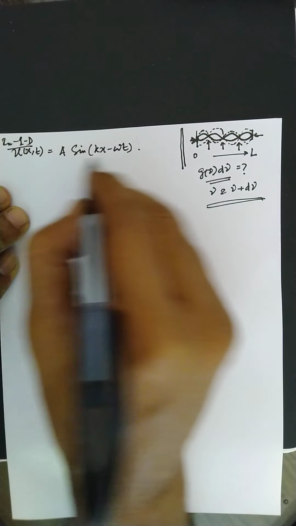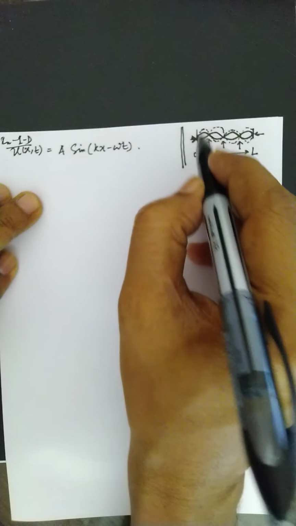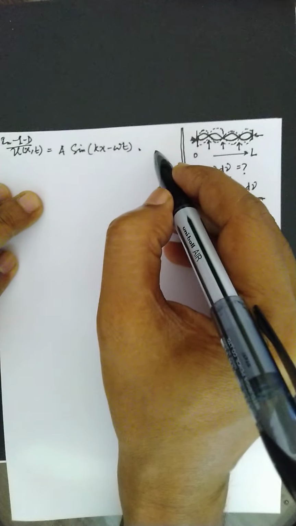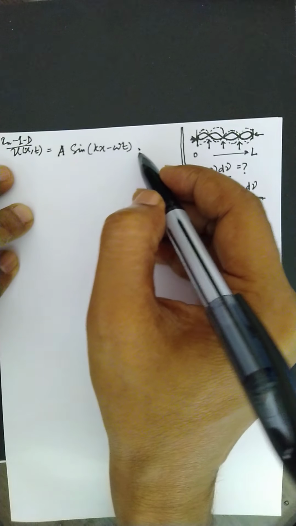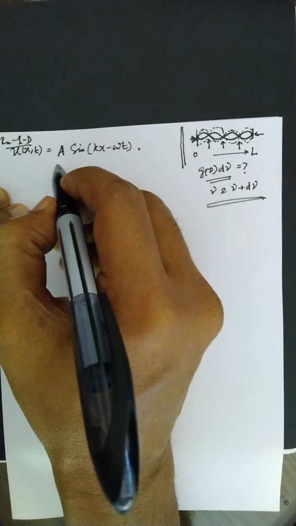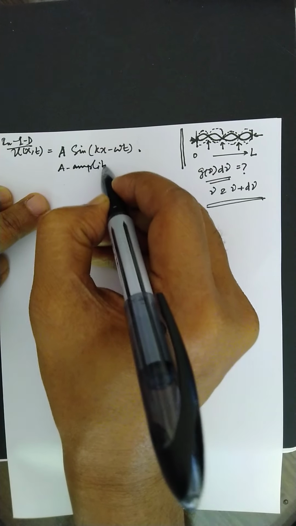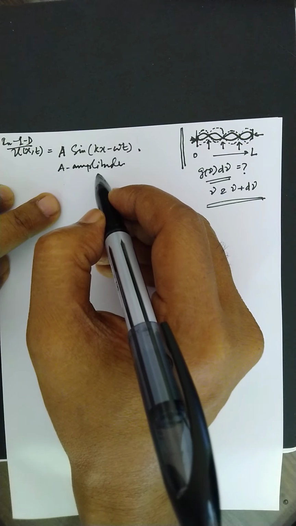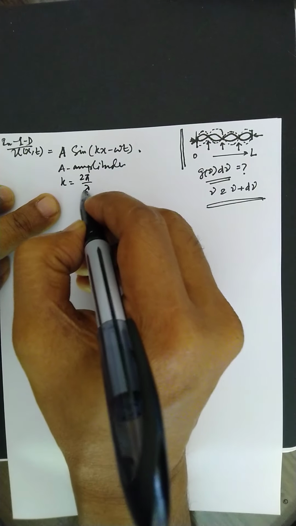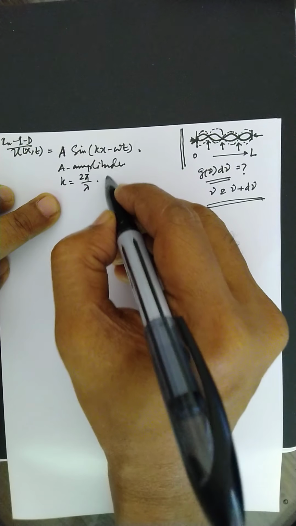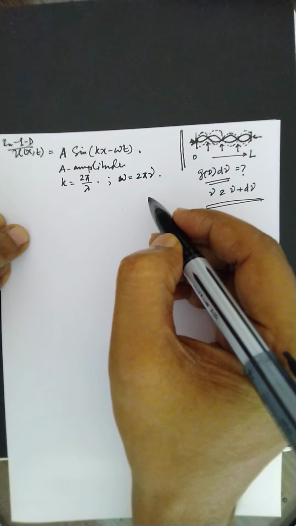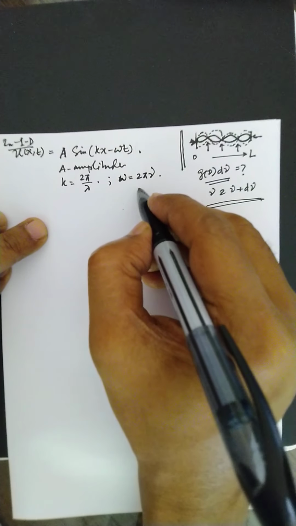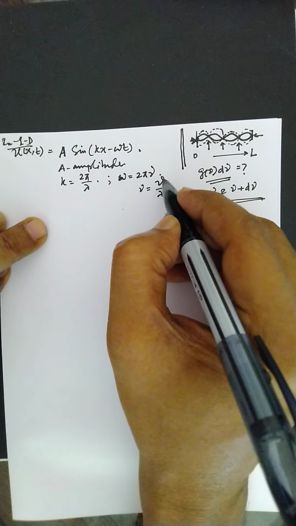This is the forward moving traveling wave, and this is the oscillation of the amplitude, a perpendicular displacement, where a is the amplitude, the maximum displacement associated with the wave. k is represented as 2 pi by lambda, where lambda is the wavelength, and omega is the angular frequency, twice pi nu, where nu is the frequency, and nu equals v by lambda, where v is the velocity of the wave.